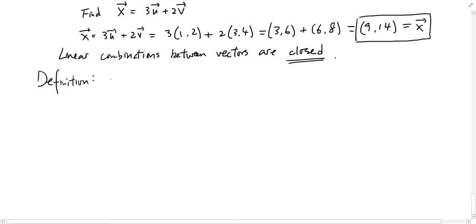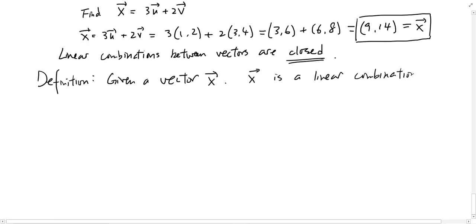Okay. Let's say given a vector x. Vector x is a linear combination of a set of vectors.